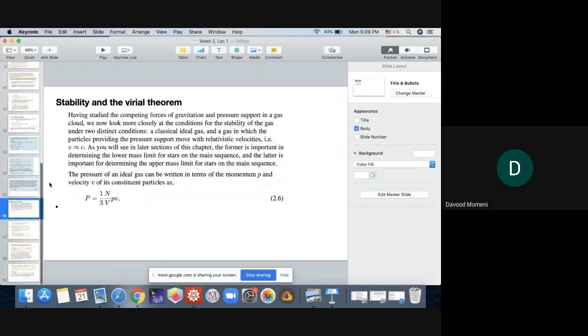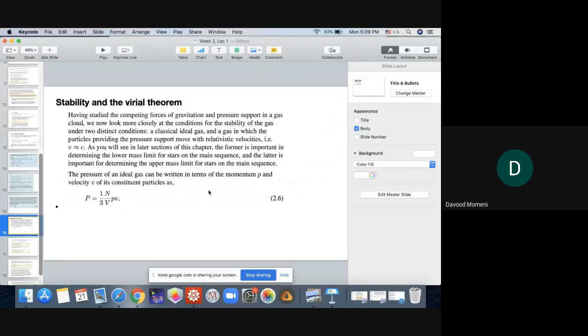The virial theorem actually also gives you an idea about stability. You have to know that the gas we consider here is very relativistic, because these particles are created during nuclear reactions or other processes on a larger scale in deep space.